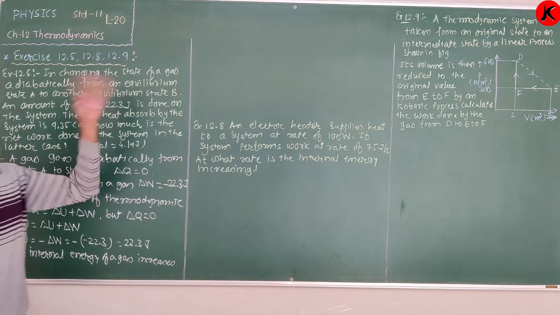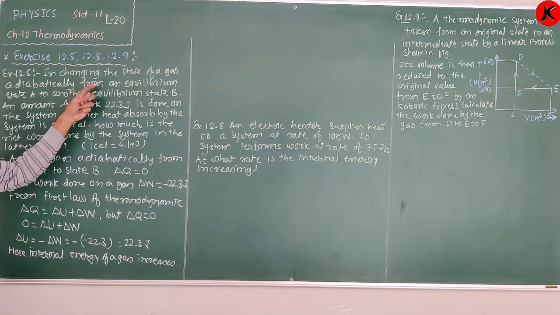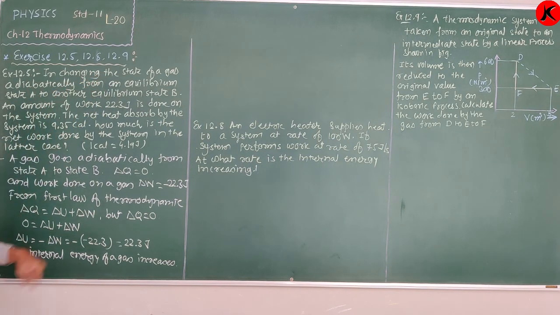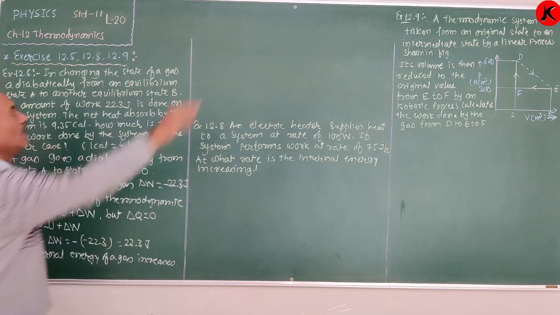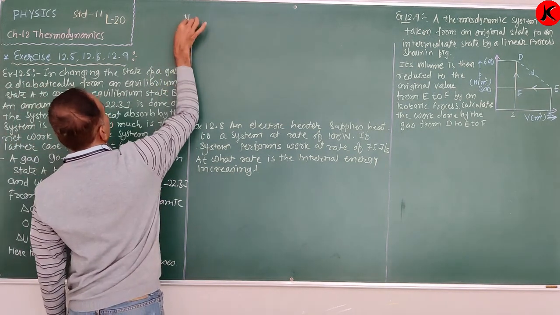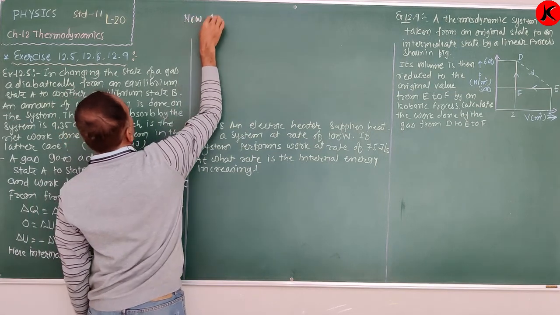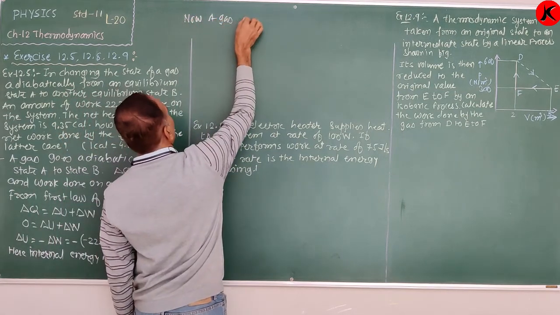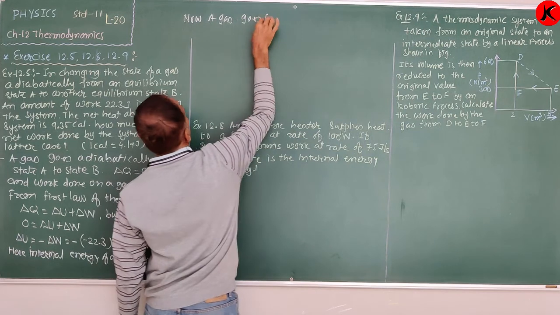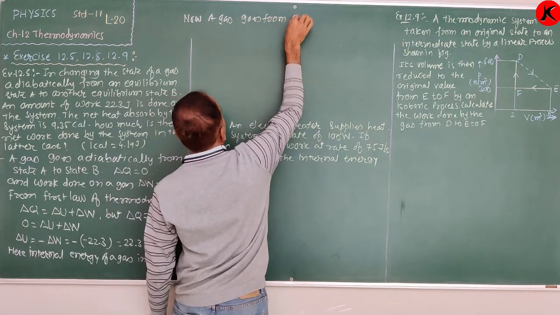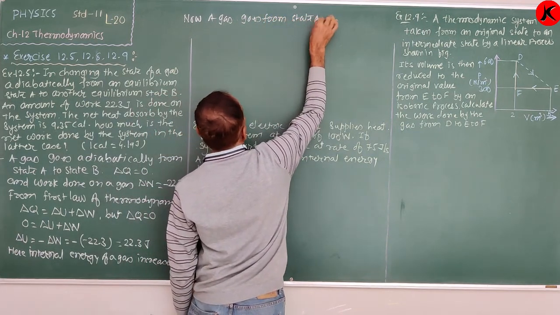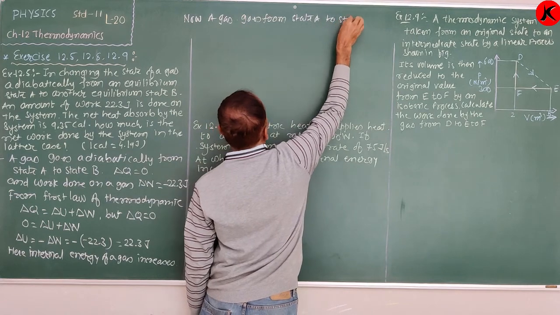Now, the second part. The gas goes from state A to state B by absorbing heat of 9.35 calorie.